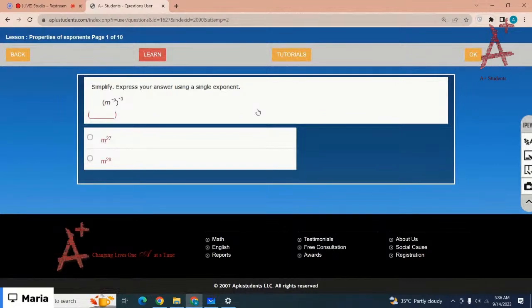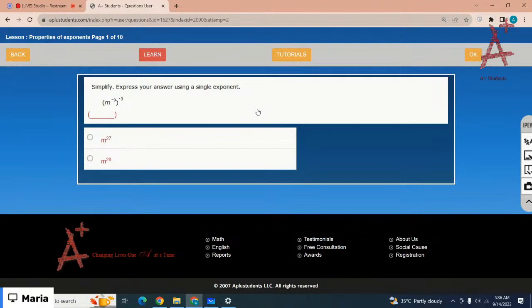Simplify. m exponent negative 9, exponent negative 3. So that is the power rule, right? Whenever you have exponents like this, you have to multiply both the exponents. So you have to do negative 3 times negative 9, that would be positive 27.